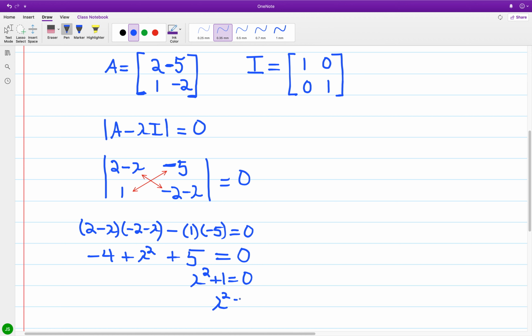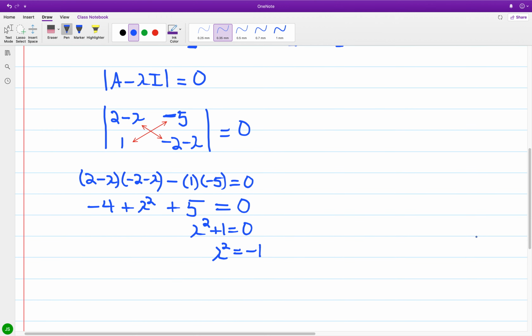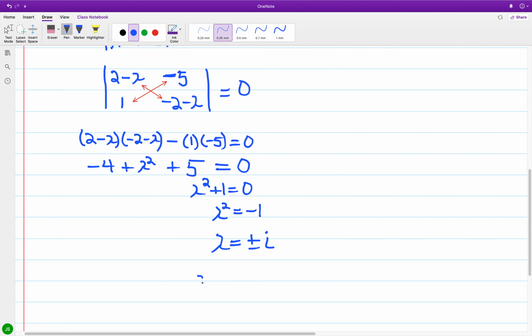And we have that lambda squared is equal to -1, so lambda is going to be positive and negative i. For lambda of 1, you can let that be either i or negative i. We'll just say we have i and the conjugate.